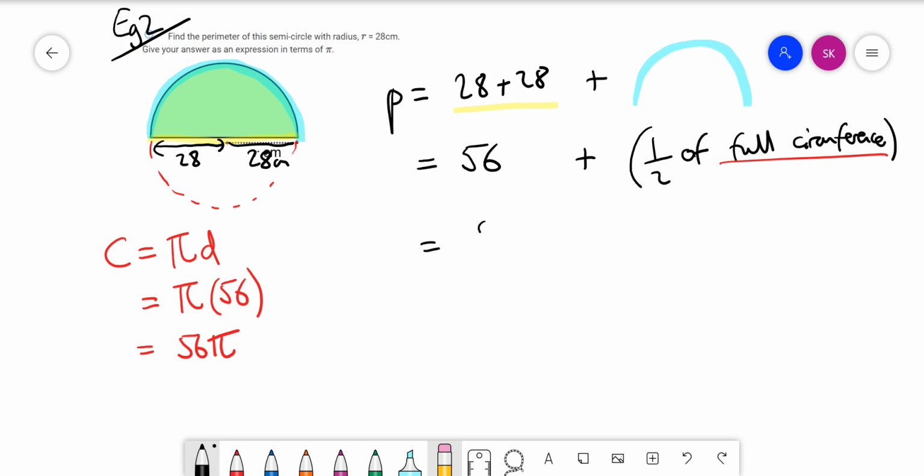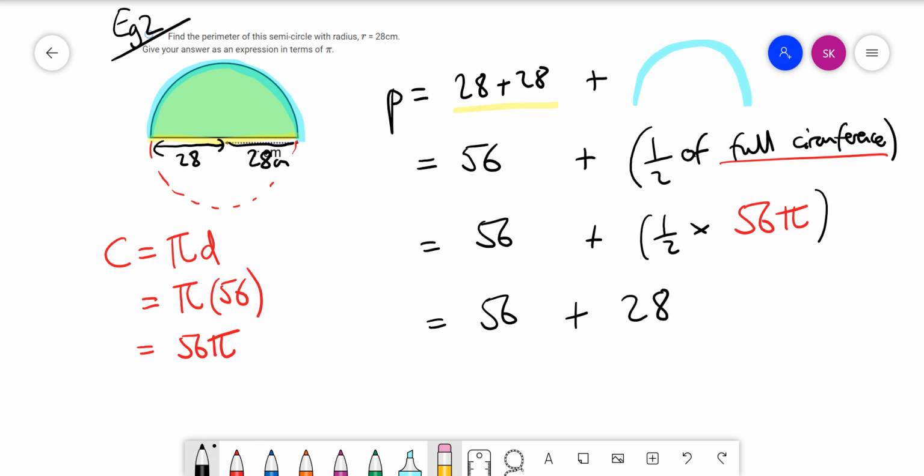So I'm going to write 56 plus a half times 56 pi. Why don't I do it in red to keep it the same color as where I worked out before? There you go. And a half of 56 pi is just 28 pi. And so it's 56 plus 28 pi.